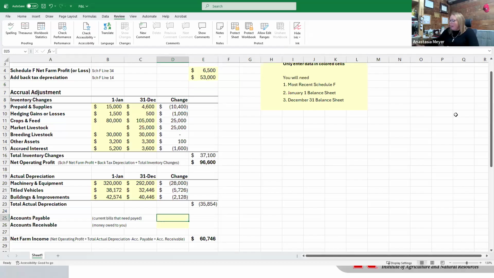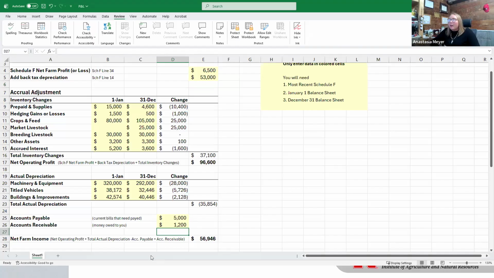We need to pay a bill that was worth $5,000. And let's say that my neighbor owed me $1,200 for baling over the summer that I still have yet to be paid. It's important to capture this in your profit and loss statement, because that is work that has been done within that period of time that needs to be reflected in your net farm income.